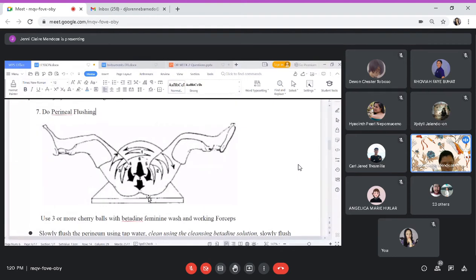Okay. So we're using the cherry balls. We call that cherry balls. It looks like this. It's a gauze that is rolled into balls. We use the pickup forceps specifically for this job, and then you clean the perineal area.